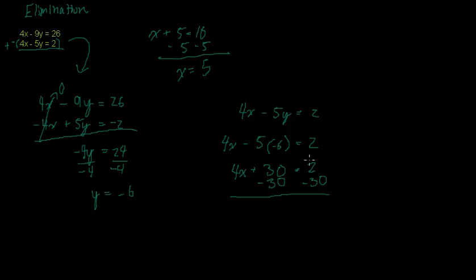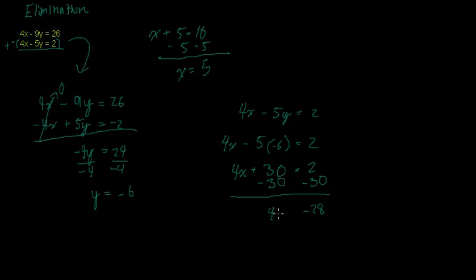So it would be 30 minus 2 is equal to 28. But since the bigger number is now a negative, you put the negative next to that result. So we know that 30 minus 2 is equal to 28, and you put that negative next to the 28. So we have 2 minus 30 is equal to negative 28.